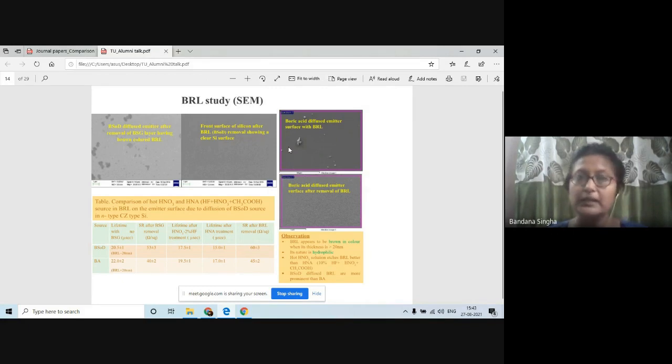So, depending on the sources used or the diffusion conditions that we are using to form the emitter, we can see different properties or different formation styles on the emitter surface.